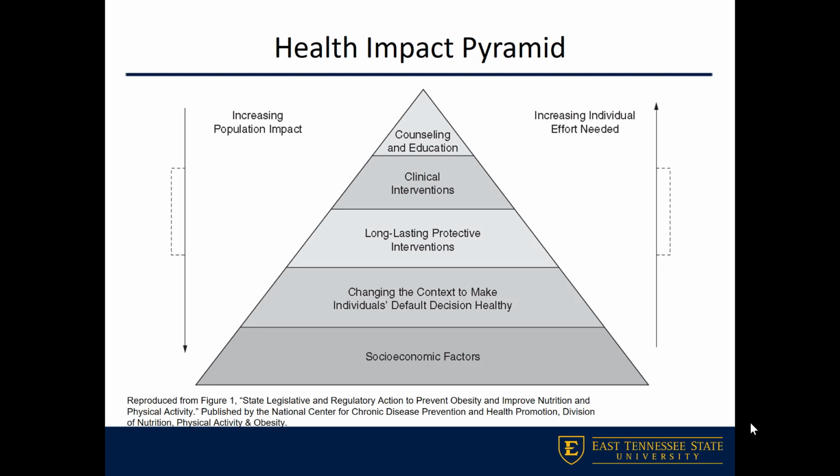So at the base is socioeconomic factors. The next layer up is changing the context to make individuals' default decision healthy. Long-lasting protective interventions, clinical interventions, and then at the top of the pyramid is counseling and education.